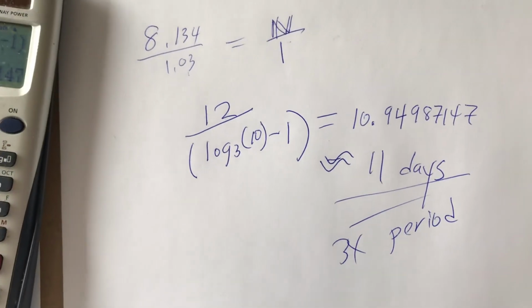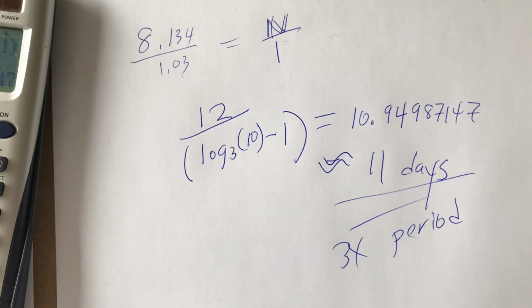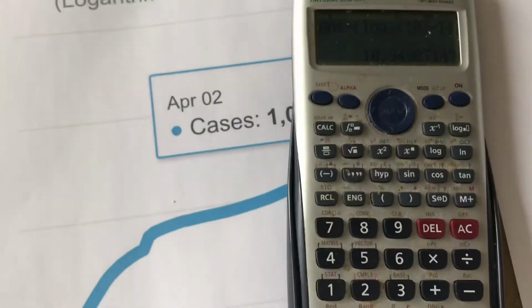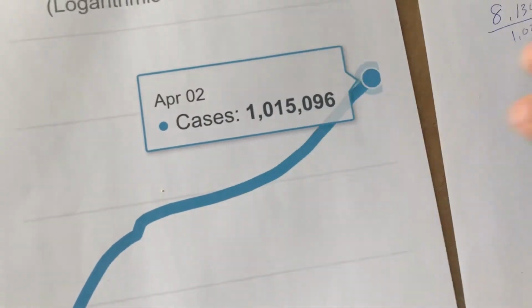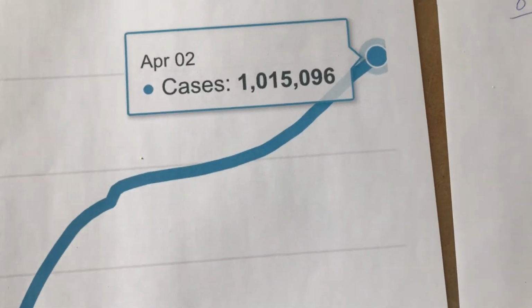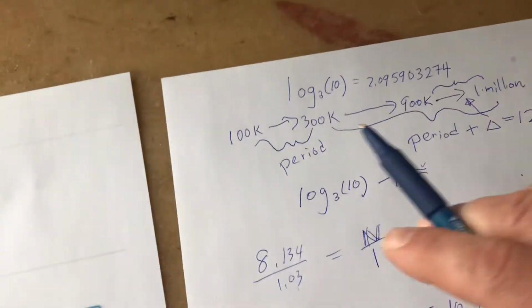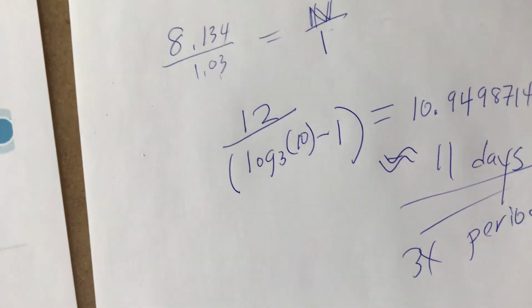Okay? Sorry if that didn't make too much sense. Forgive me. So yeah, that gives us 11 days per period to triple.